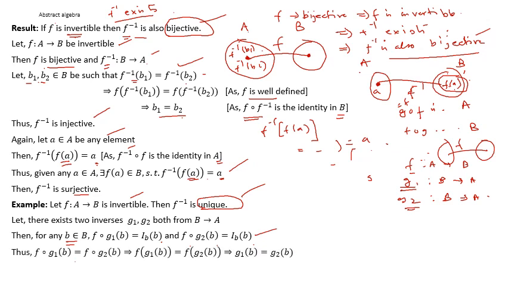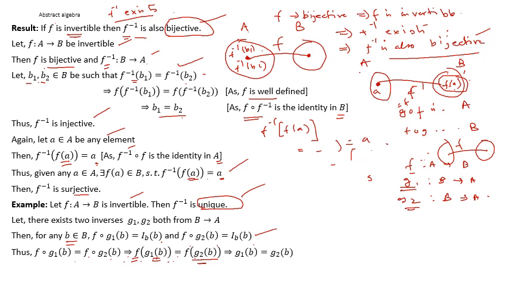That means f o g1 of b is equal to f o g2 of b, that is, f of g1 b and f of g2 b. But f is 1-1, so f of something equal to f of something means that something is equal to that something.